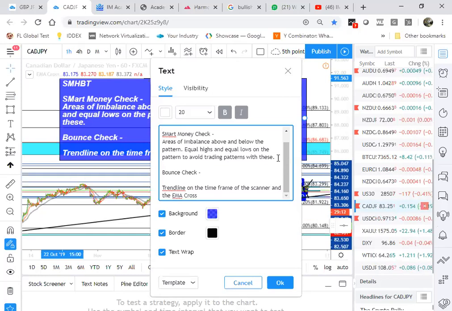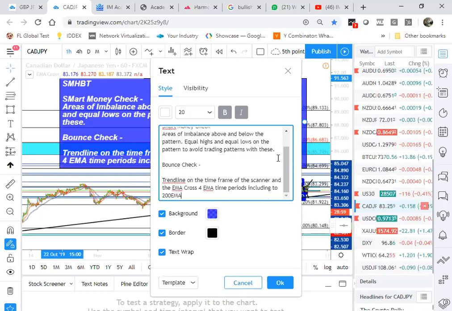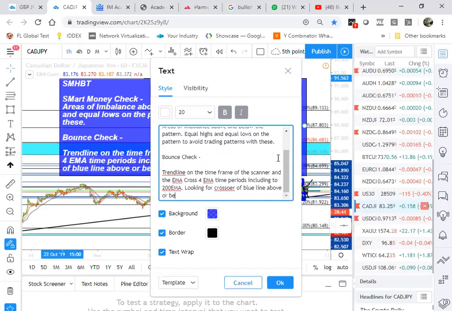The EMA cross has 4 EMA time periods, including the 200 EMA, right? We're looking for a crossover of the blue line above or below the orange and red line, right?